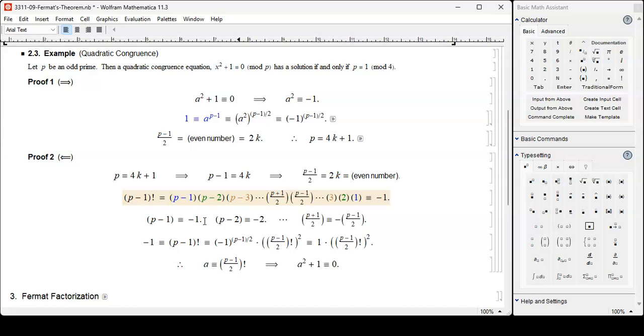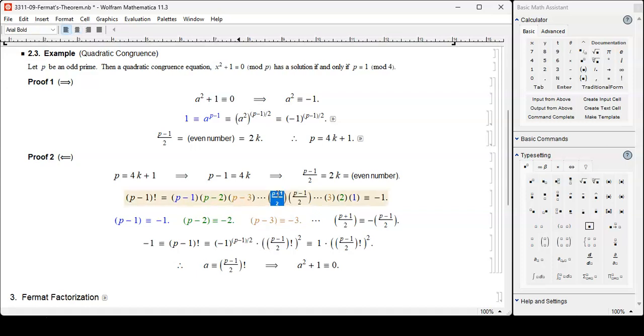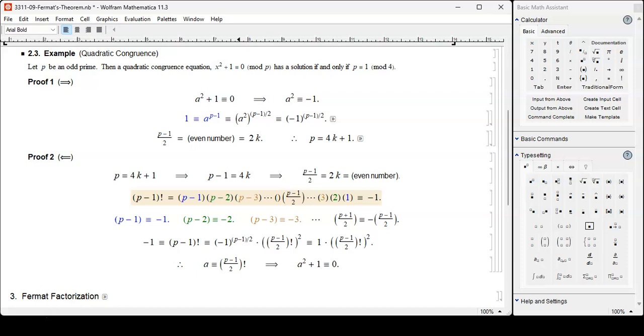So what conclusion can I draw? P minus 1 is -1. P minus 2 is -2. P minus 3 is -3. We can get all these kinds of conclusions. And then right here, sorry about the typo.